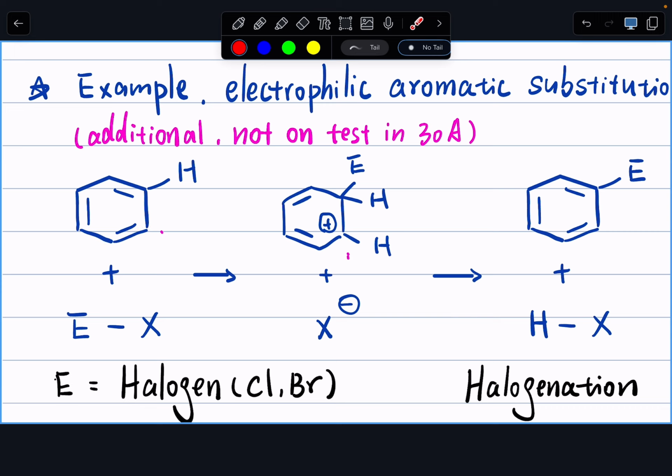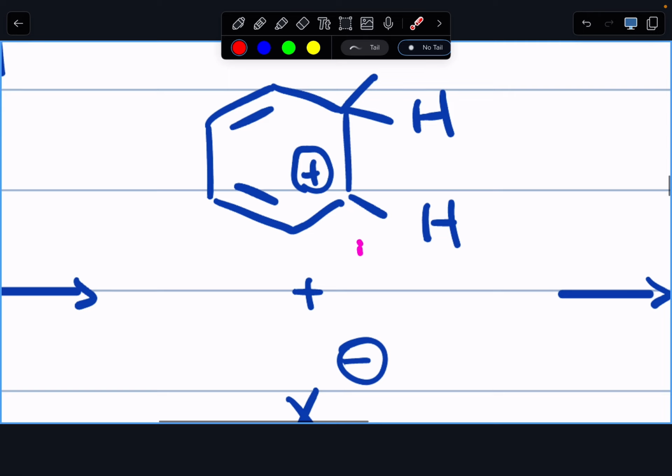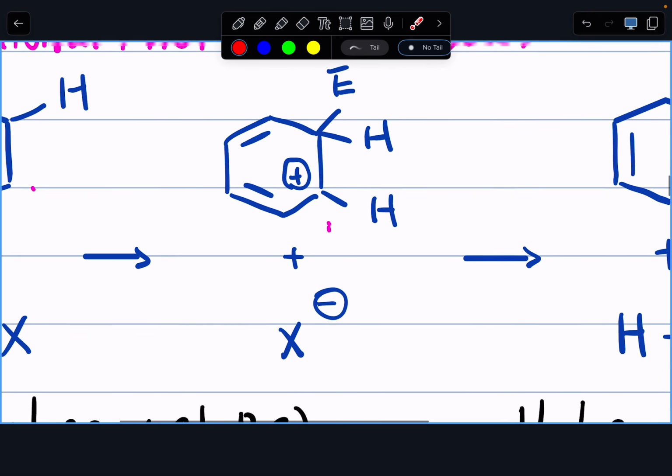So that's one way of asking. The second way of asking is, I could give you this intermediate and tell you this is the arrow pushing. Can you predict the product of this specific elementary step?